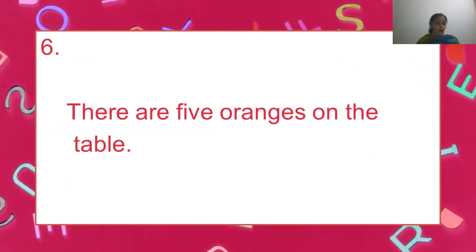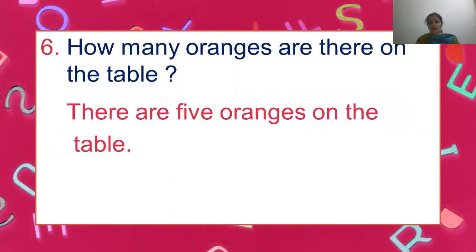What is the noun here? Oranges. And what are we talking about here? We are talking about the quantity of oranges. So there will be a change in the question, right? I have to begin it with how. But how will I frame it after that? How, then since it is quantity, adjective of quantity, we will use the word many. Okay, how many oranges are there on the table?